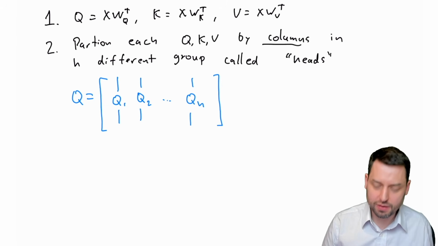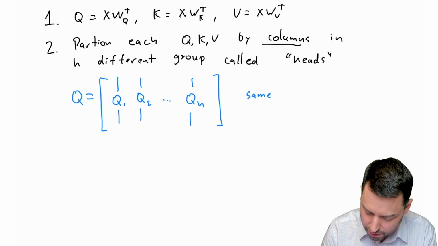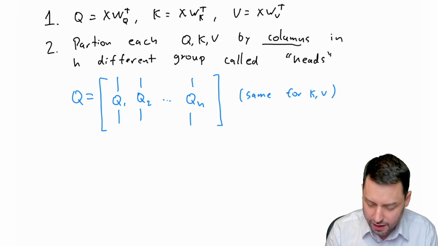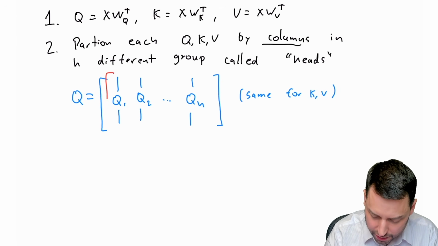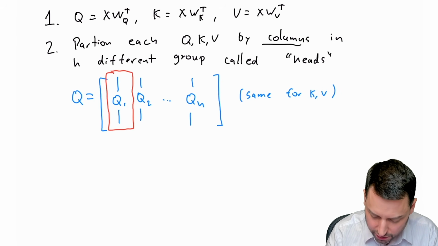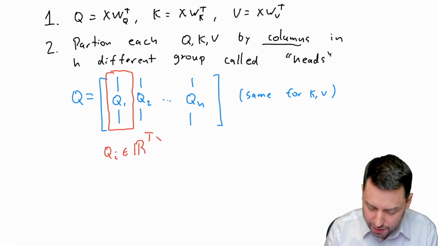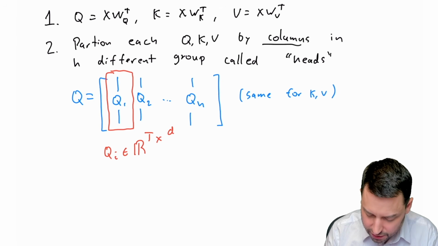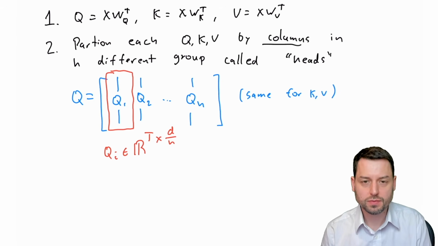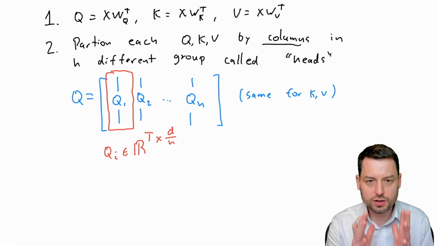And we're going to do the same for K and V. Each block Q_i is going to be a matrix which still has T rows, but the number of columns is no longer D. It's now D divided by H, because we've partitioned Q by column into H different blocks.